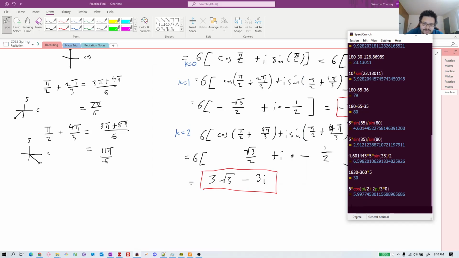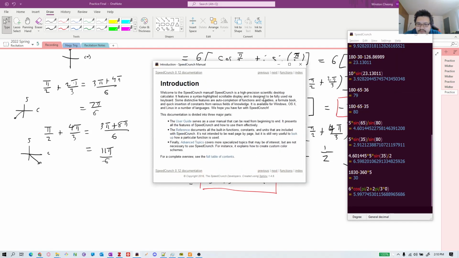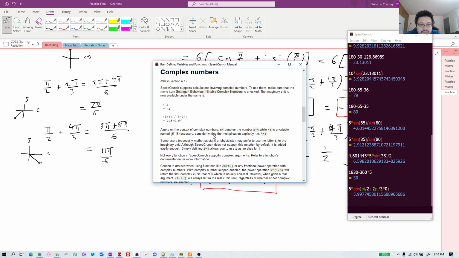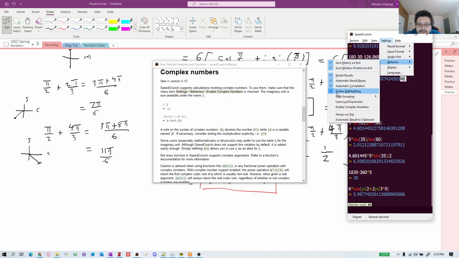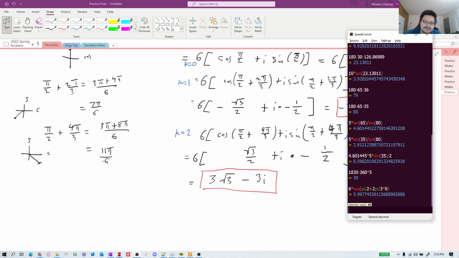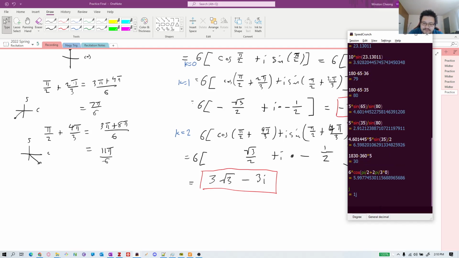Python does this as well. Uh-oh, what am I doing wrong? Settings, behavior, enable complex. Okay, I guess it's because otherwise j is a variable. So then j now is a special number.